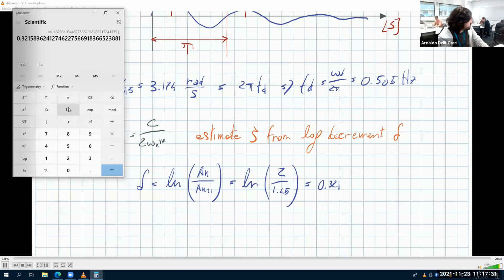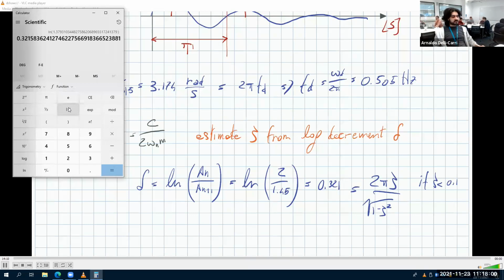And how do we estimate zeta, knowing this? Well, this is also approximately equal to 2 pi zeta, if zeta is smaller than 0.1. Otherwise, we have to use this exact expression, which is more complicated to use.